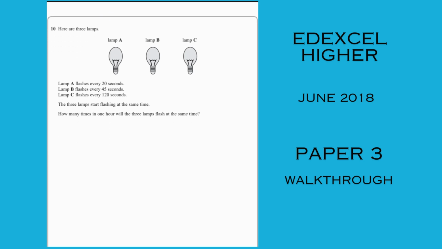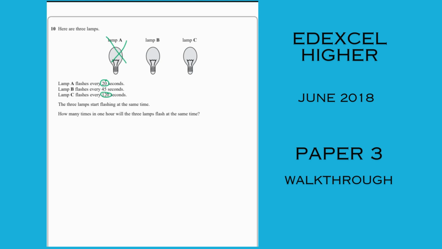Number 10. Do note that lamp A flashing every 20 seconds is automatically a factor of 120 seconds. So whenever lamp C flashes, lamp A is going to flash anyway. So we can almost sack off lamp A. It's going to flash every 6 times lamp A flashes. Lamp C will flash.